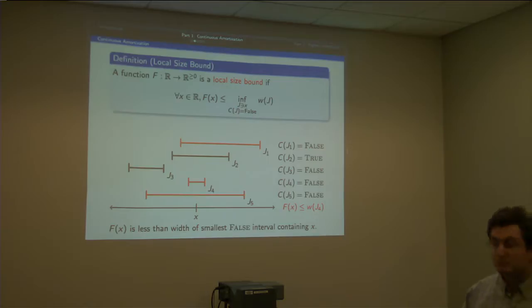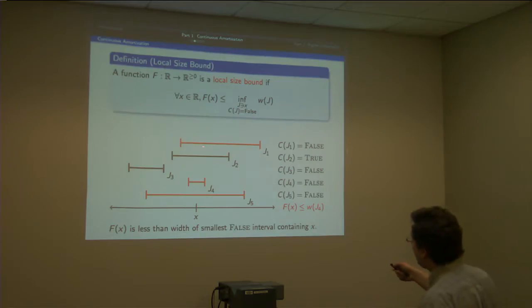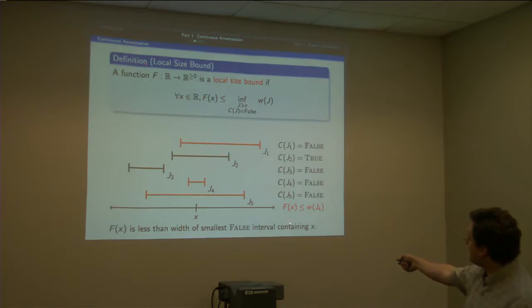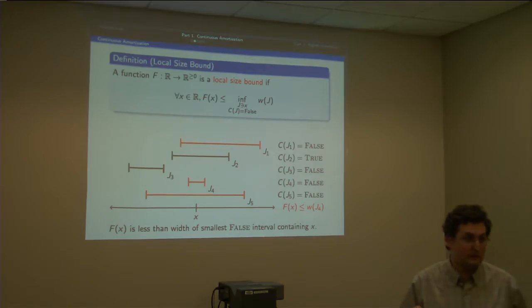What we're left with is only the intervals that contain our point x and are false. And our f has to be less than the smallest of those. Of these three, the smallest is J4, so our f is going to have to be less than J4. Perhaps it's even smaller, because these are only 5 intervals, and maybe there's another one that I forgot to draw.